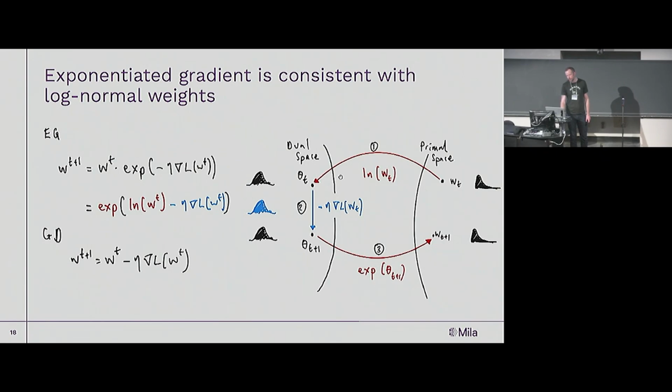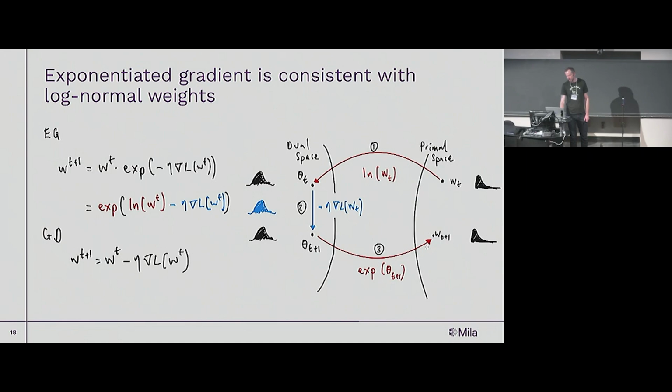That dual space is defined by the proximity penalty that you use in your algorithm selection process. Then you do an update in your dual space and you come back to your synaptic space using the function that brings you back there.